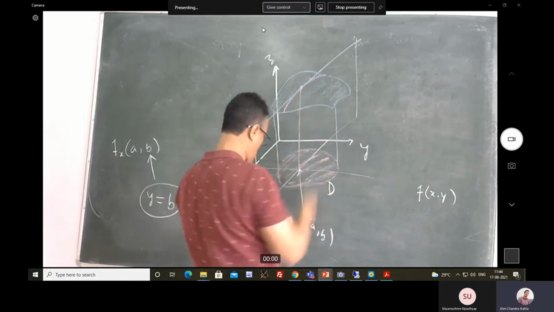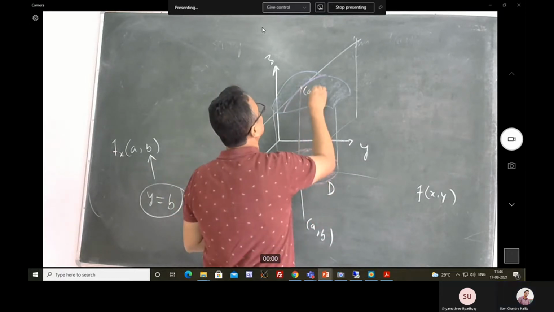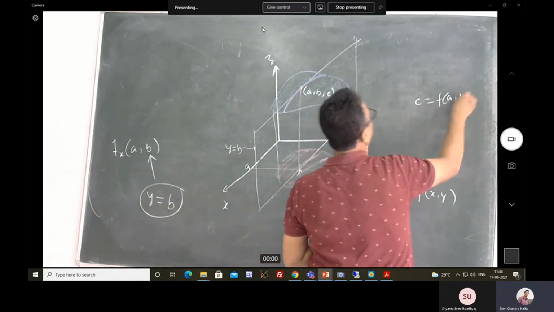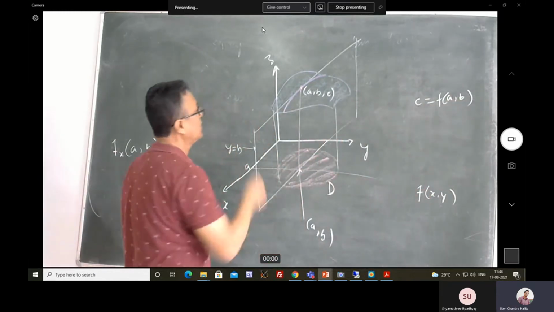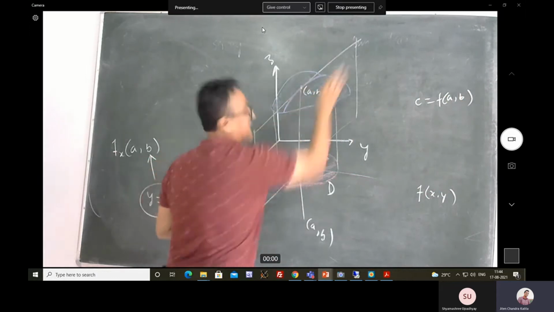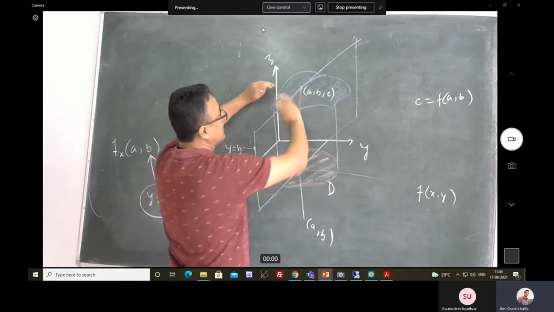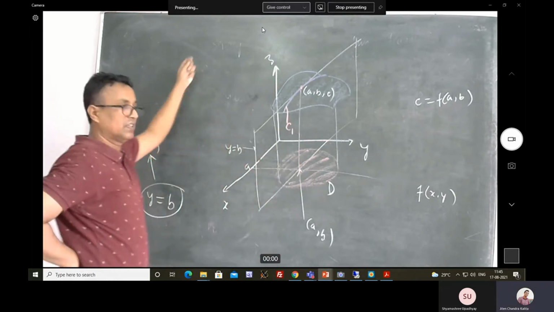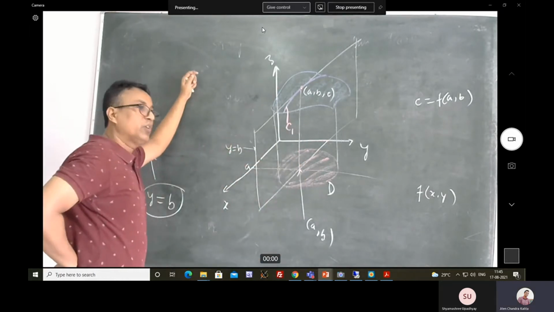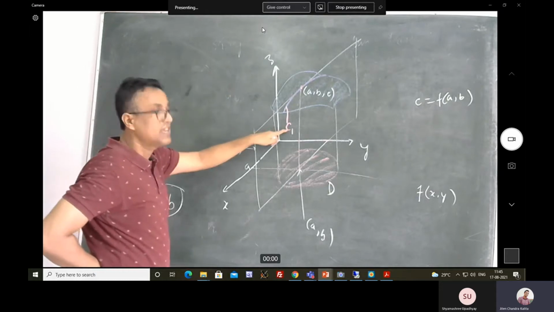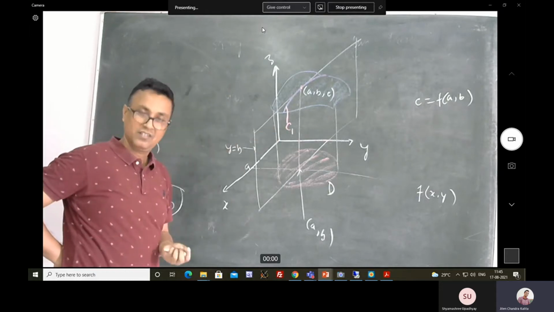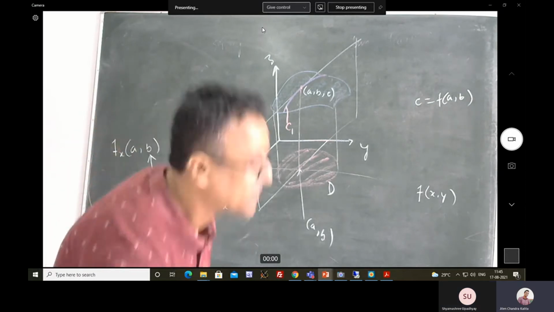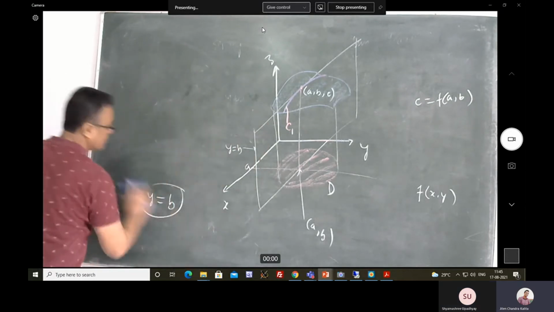Suppose this is the point (a, b, c), where c equals f(a, b). Now obviously, this plane is going to cut this surface on a curve, isn't it? It is going to cut out a curve C1. Now let us try to visualize that scenario.